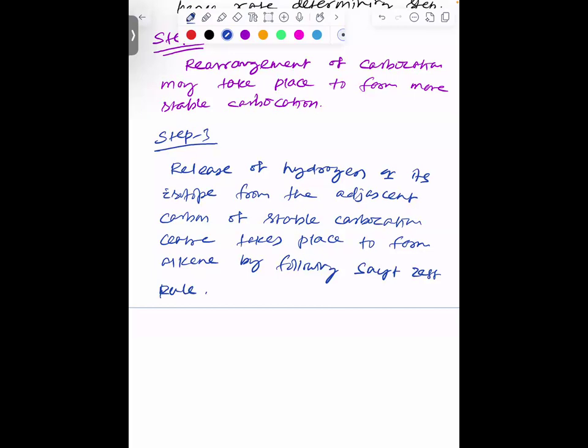So I hope all of you remember Saytzeff rule. Saytzeff rule tells about the stability of alkene. The more the number of hyperconjugative hydrogens present across the double bonded carbon, the more is the stability of the alkene. Or in other words, the more the number of alkyl groups, the more is the stability of the alkene. Note down, students.